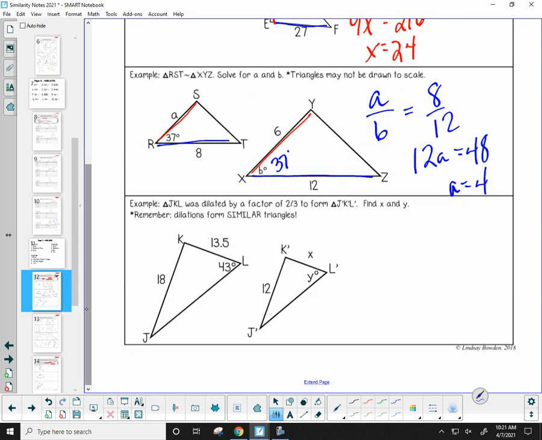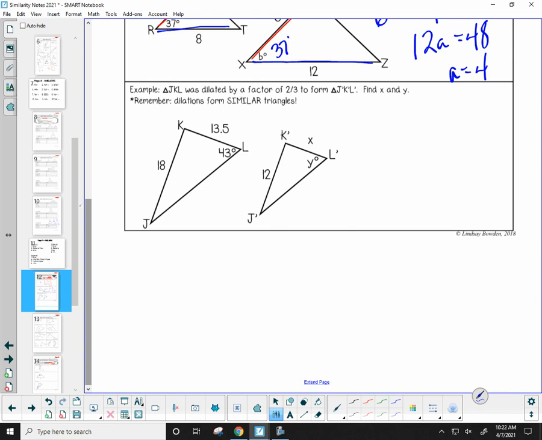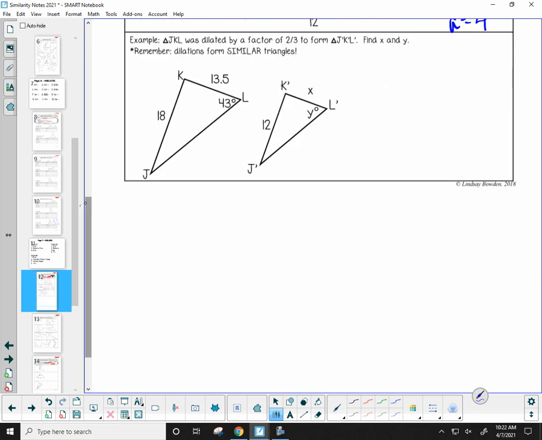All right, let's look at the last one on that page. They do give you a scale factor on this one, but I'm going to set it up the exact same way. I'm still going to compare my corresponding parts. So my 18 and my 12 are going to go together, and my 13.5 and x. So I have 18 over 12 is equal to 13.5 over x.